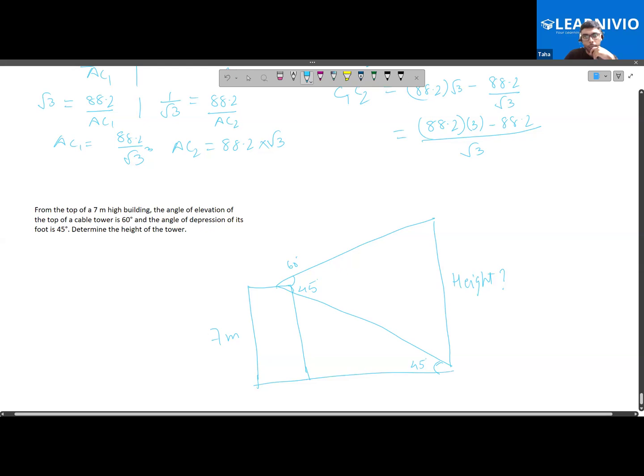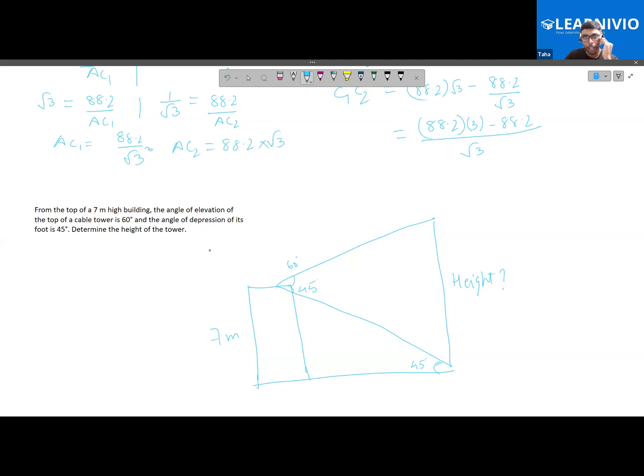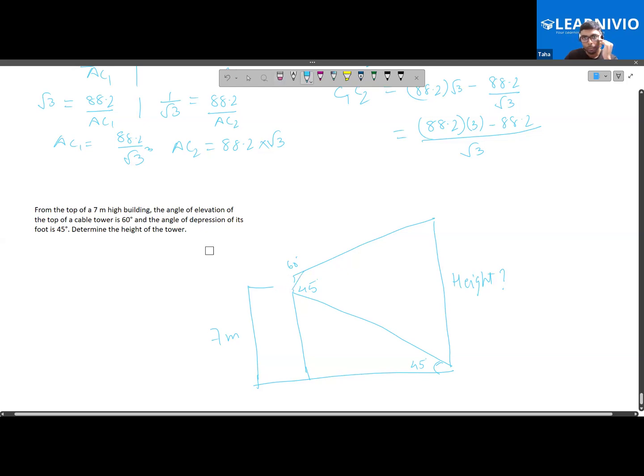Let us see, if this is the case, then we would have one triangle.